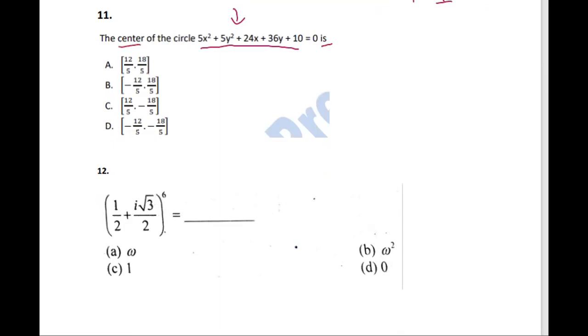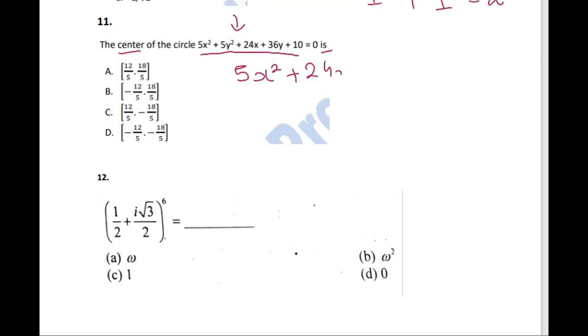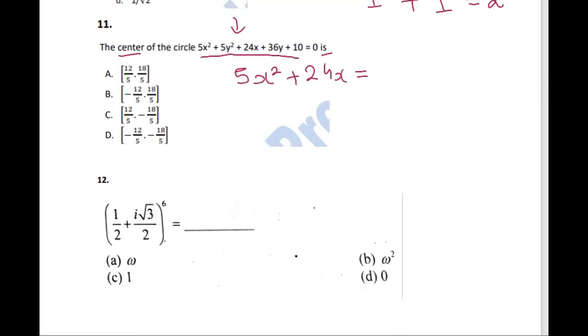So what we can do is write 5x square plus 24x equals minus 5y square minus 36y minus 10, right? So I've taken all the y parts and 10 to the right hand side.